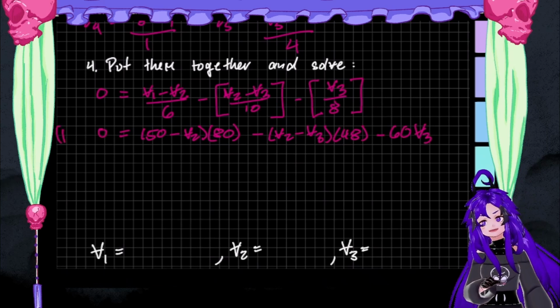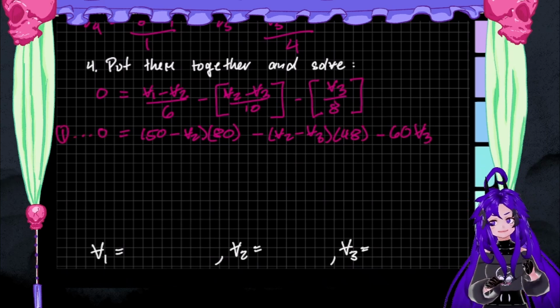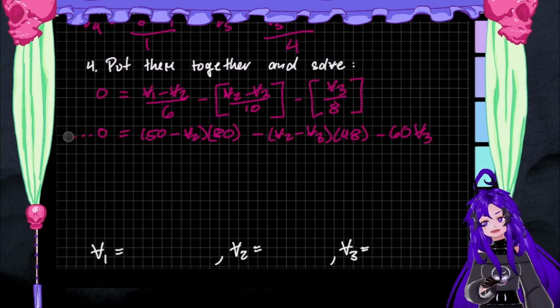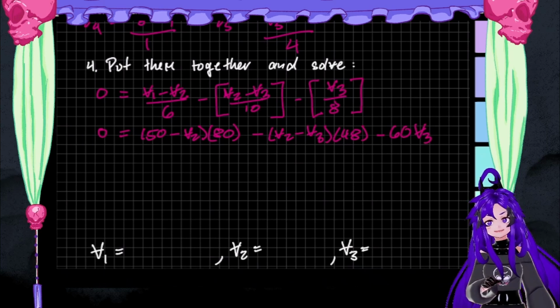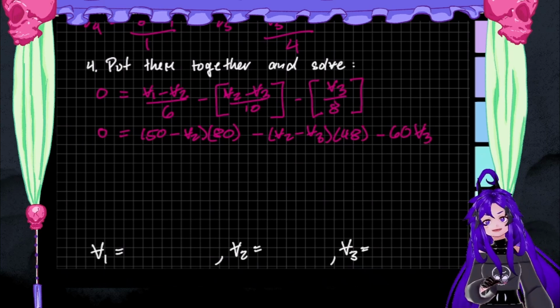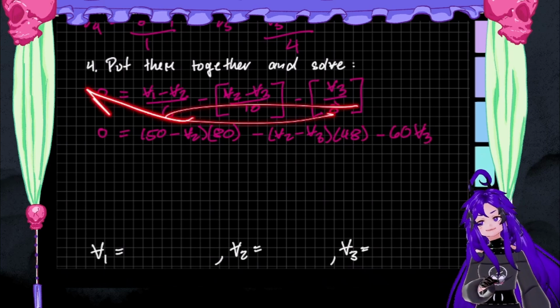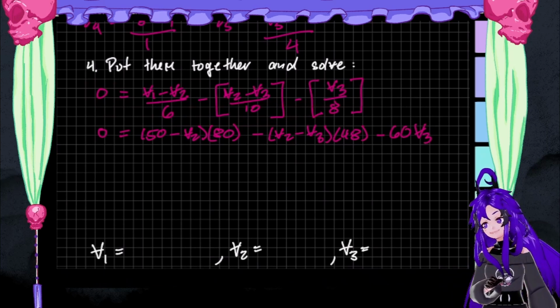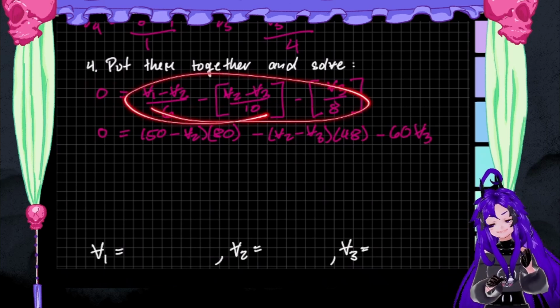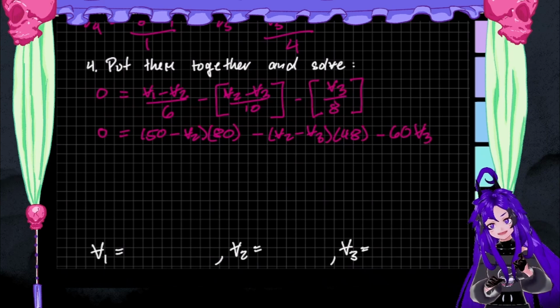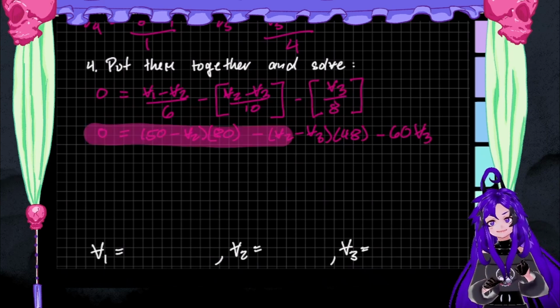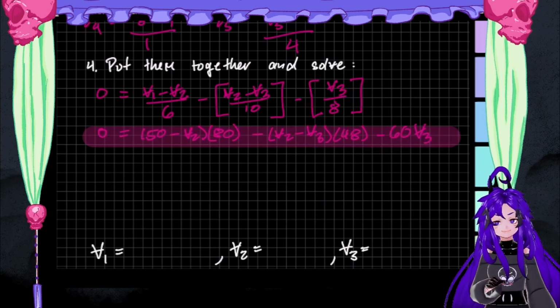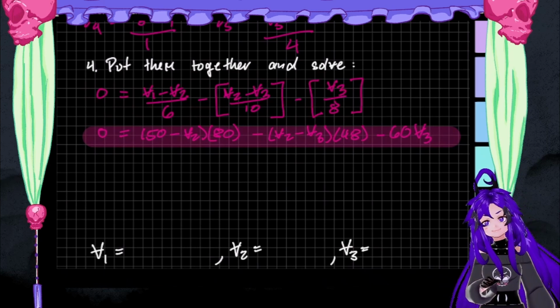Now this comes from finding a common denominator, right? So we found a common denominator, and then we multiplied that common denominator across, which conveniently takes advantage of this whole thing equaling 0. So we got rid of the fraction. But this is going to be our first equation.